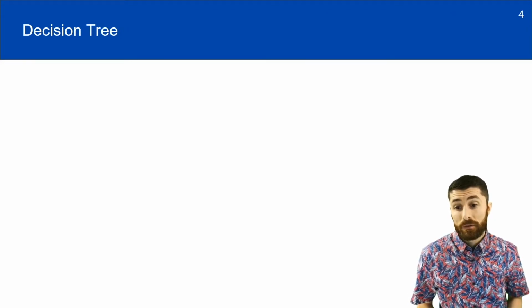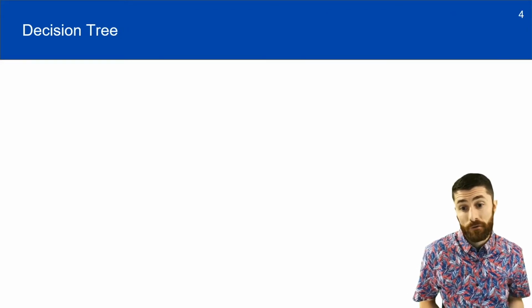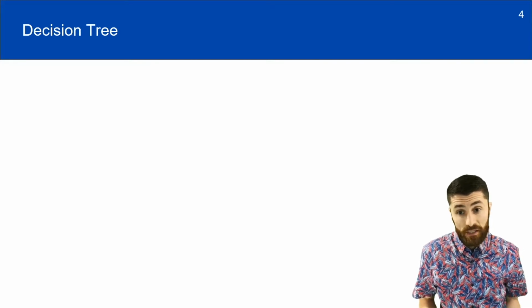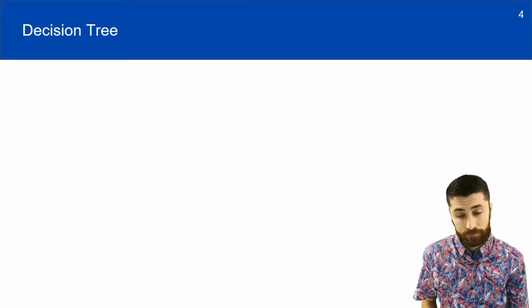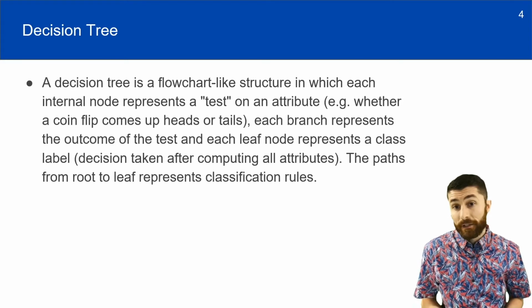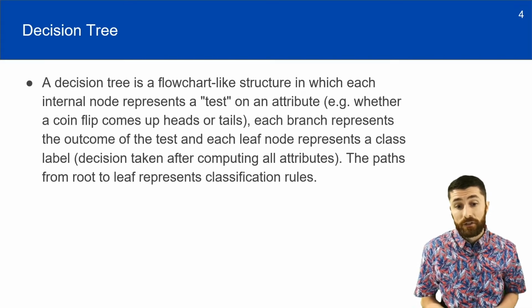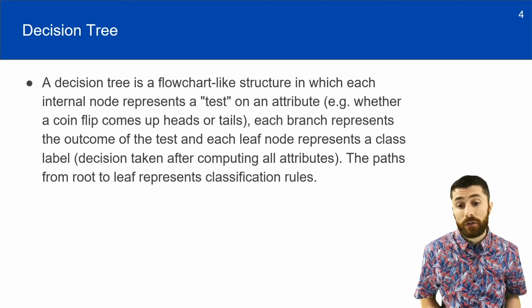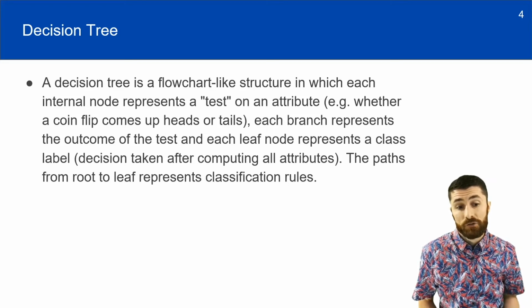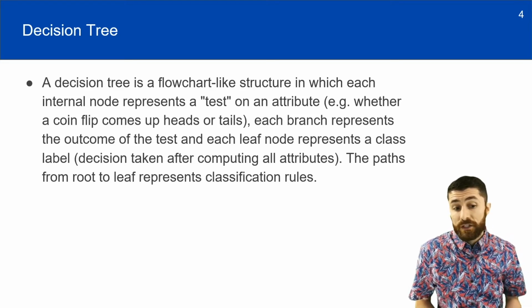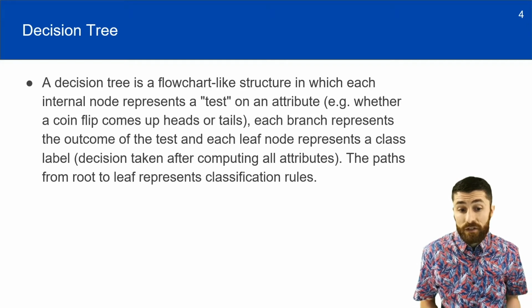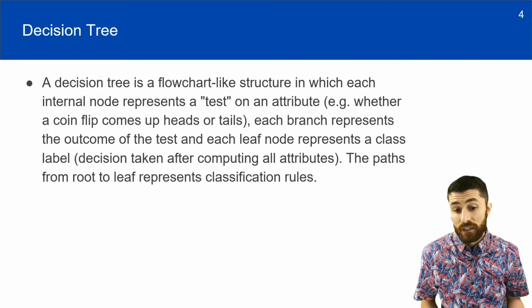Let's talk about decision trees, which are our first decision-making system that we can employ. A decision tree is a flow-like structure in which each internal node represents a test on an attribute. Each branch represents the outcome of the test, and each leaf node represents a class label.